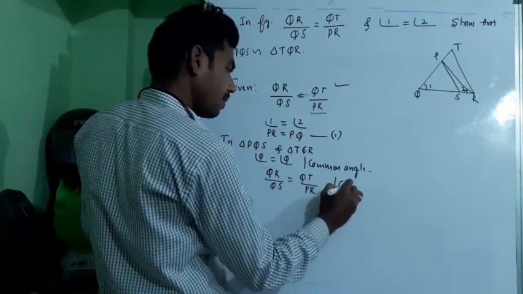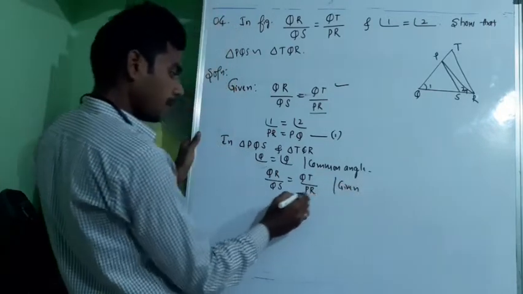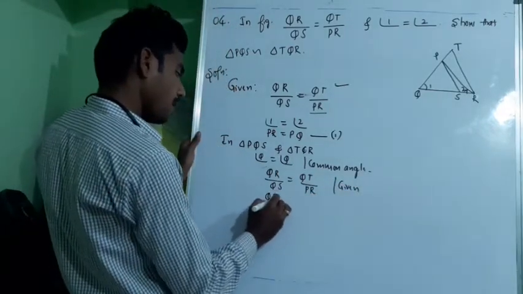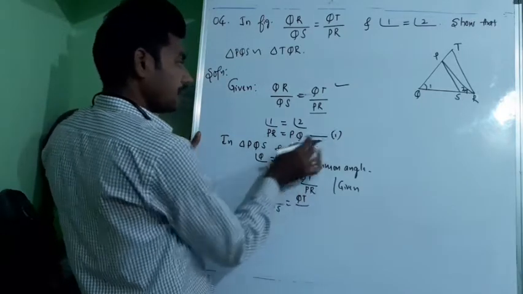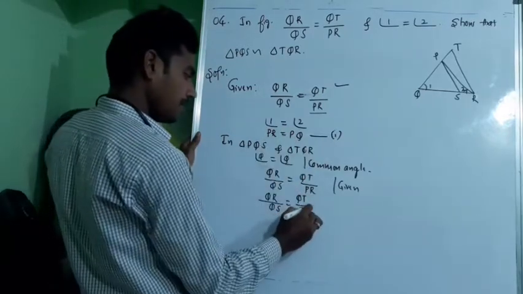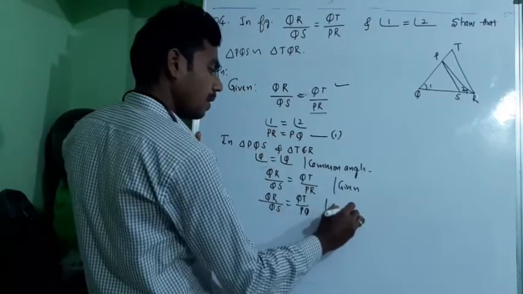It is given. Now in case of PR, what can I write? QR by QS is equal to QT by, so instead of PR I can write PQ. This is from equation 1.